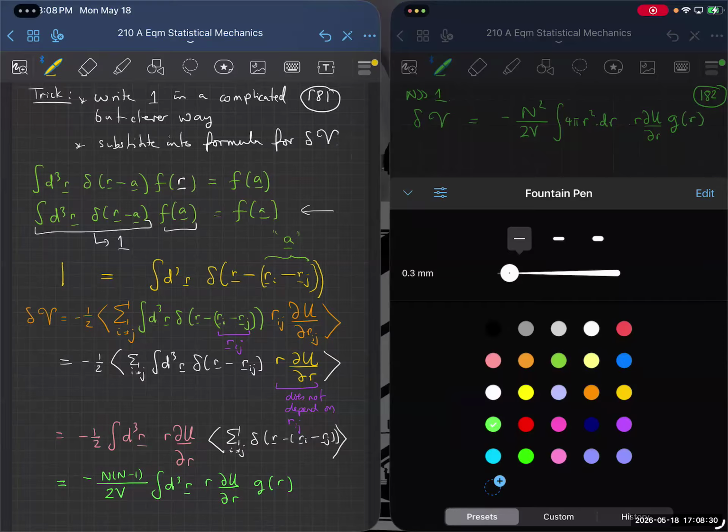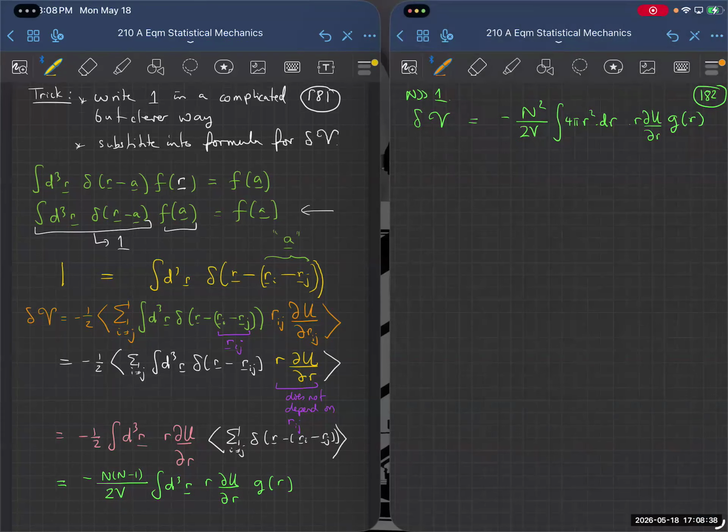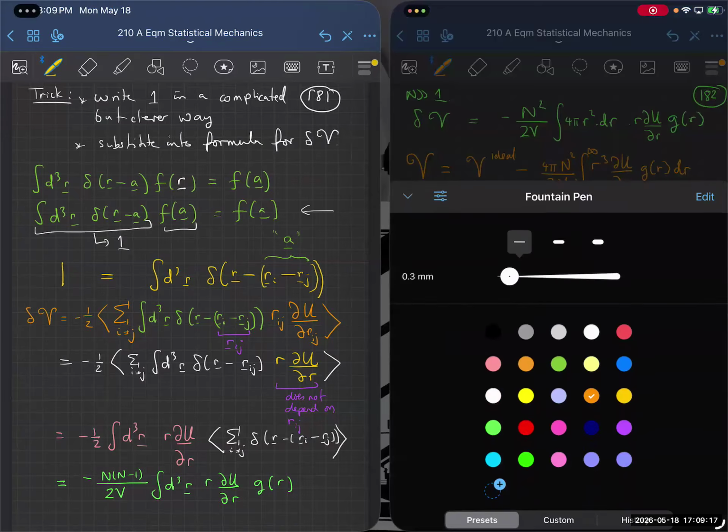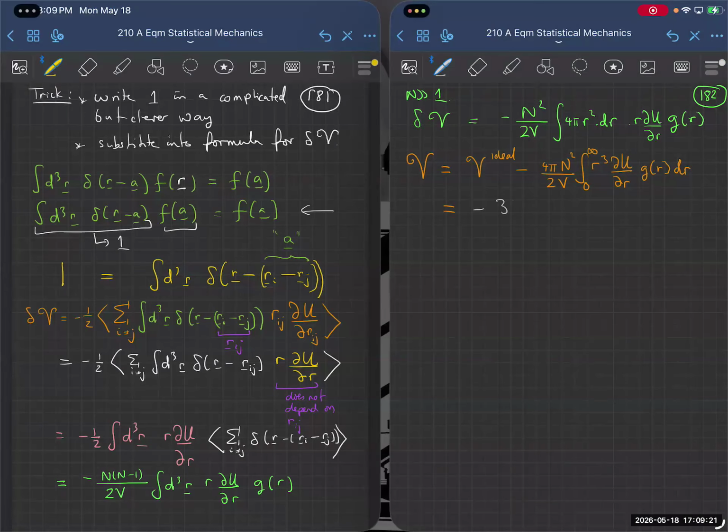And so in the end, what I end up with is that the virial is equal to the ideal virial, which we calculated earlier, minus 4 pi n squared over 2V times the integral from 0 to infinity of r cubed du by dr g of r dr. And this whole thing has to be equal, because of the virial theorem, which is exact, to minus 3n kBT.